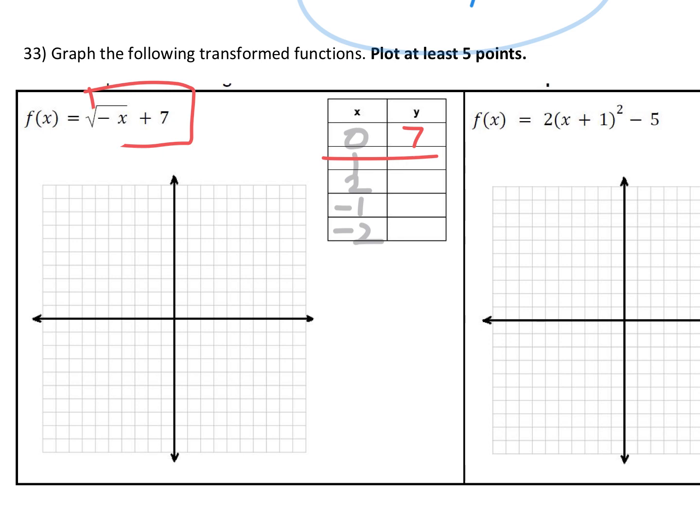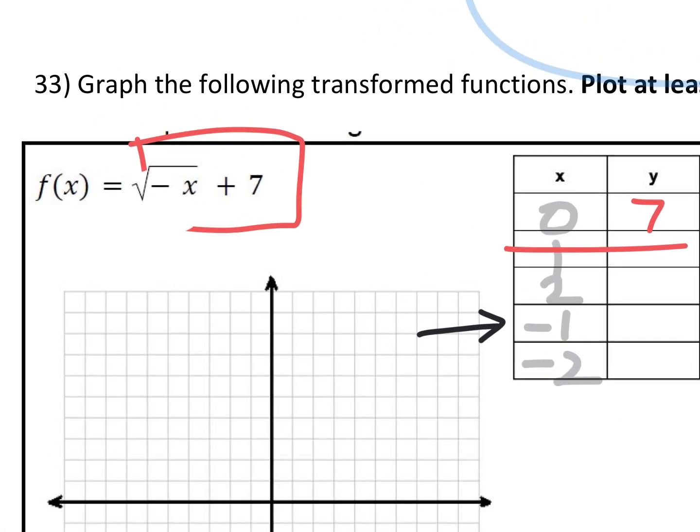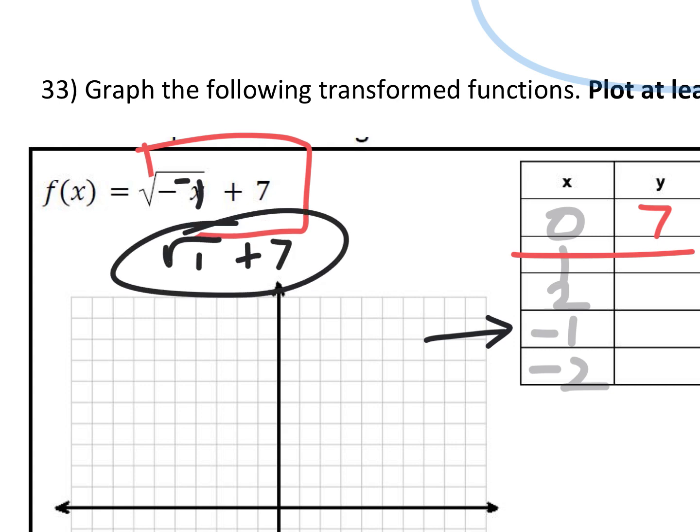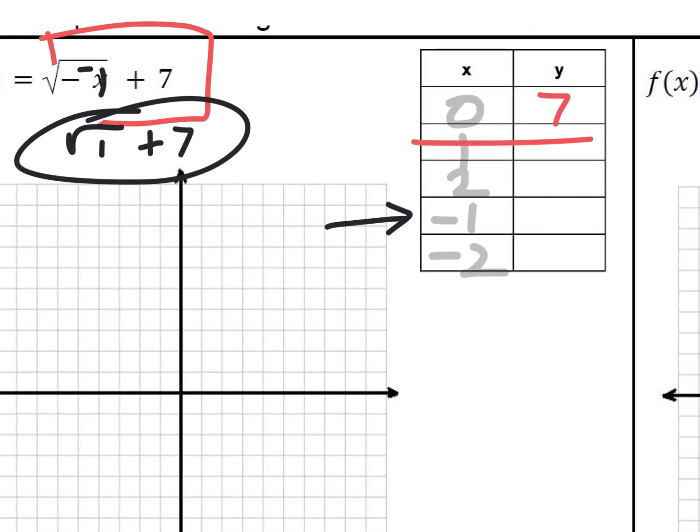Nope. If you put in negative numbers like that, when you put in a -1, then you have -1, and then that's square root of +1, and then that's 1 plus 7, and then that's going to make 8. So I'll give you a couple of numbers that'll work better than what I picked, the normal ones to start with.